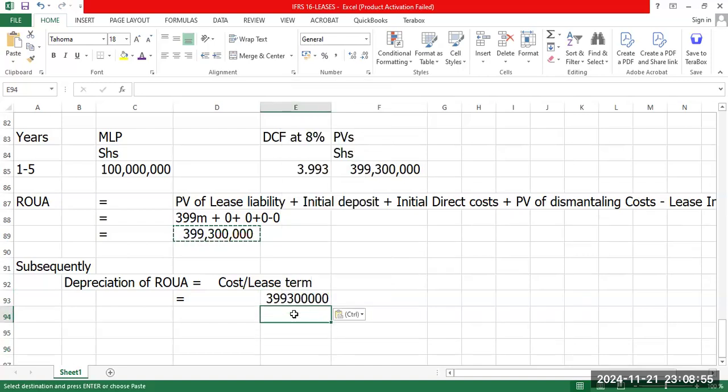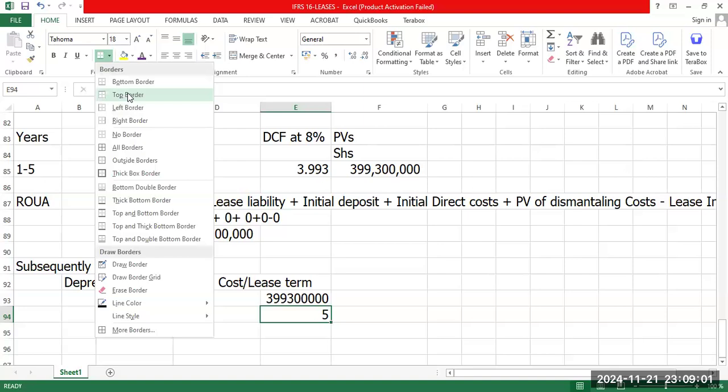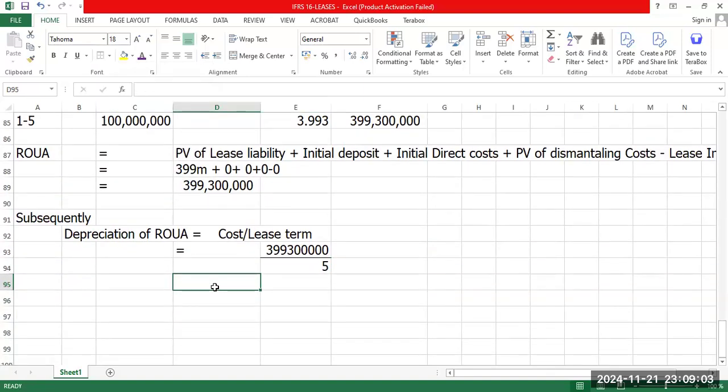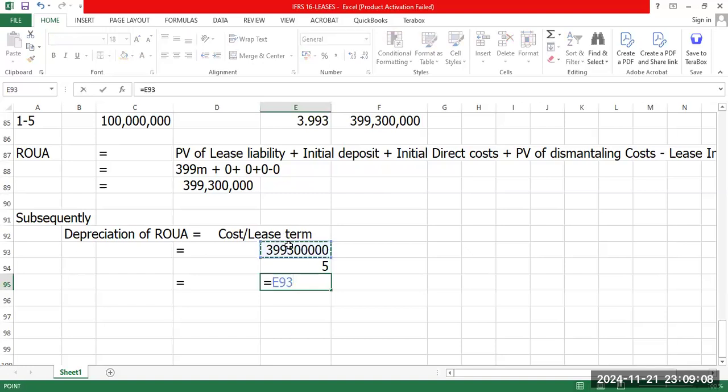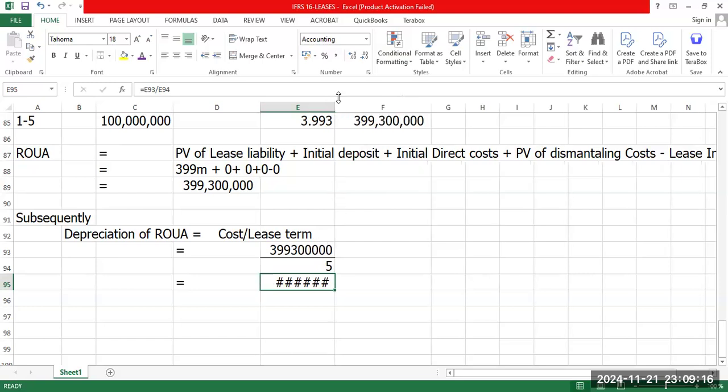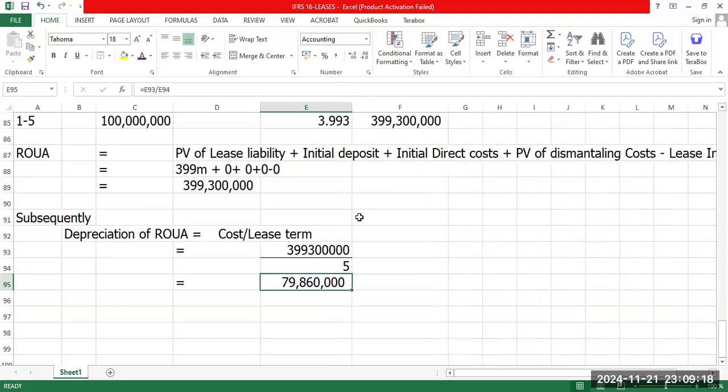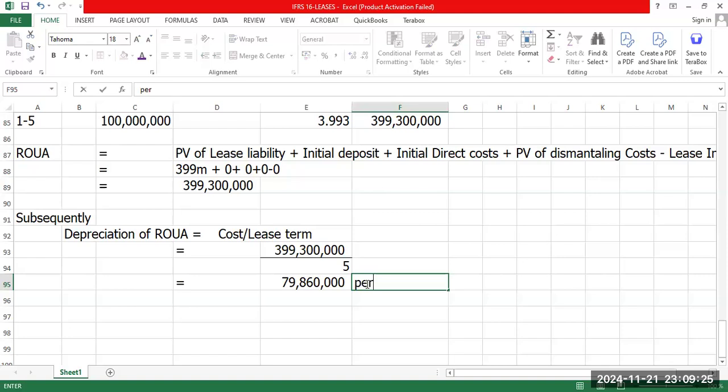Then we divide by 5. That's the depreciation per year.